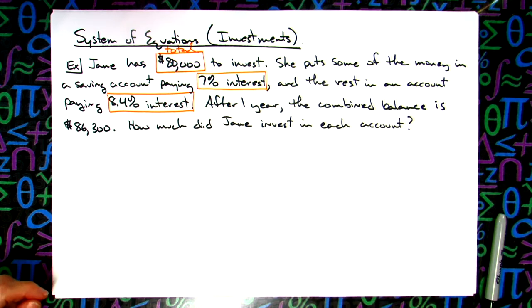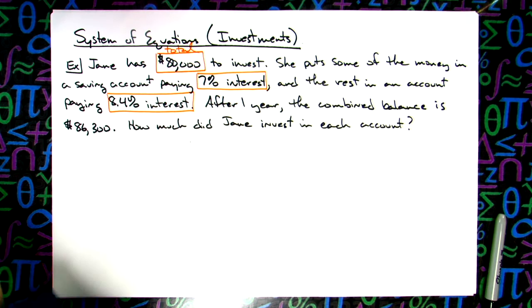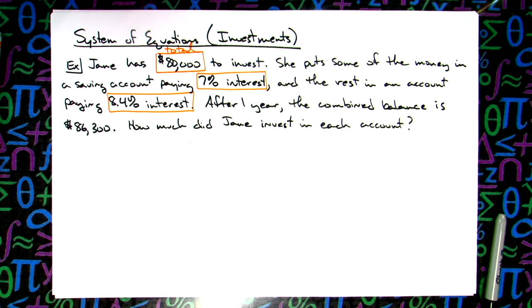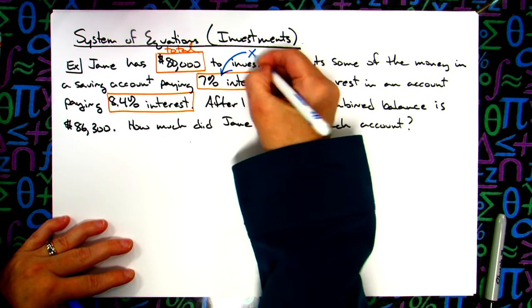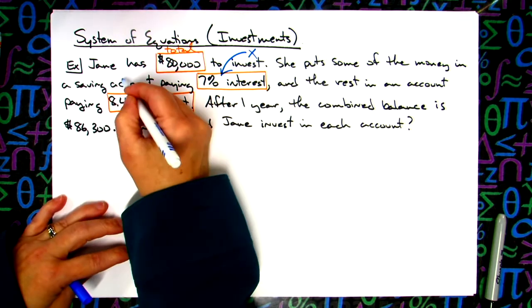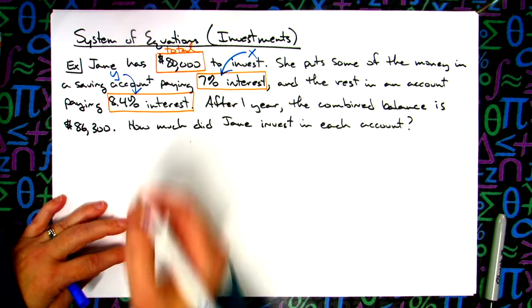Now if we're going to do a system of equations, we have to do two equations. One of them is going to deal with just the amount of money she has total. Let's say the amount of money that she puts in this account we say is x, and the amount she puts in this account we say is y.